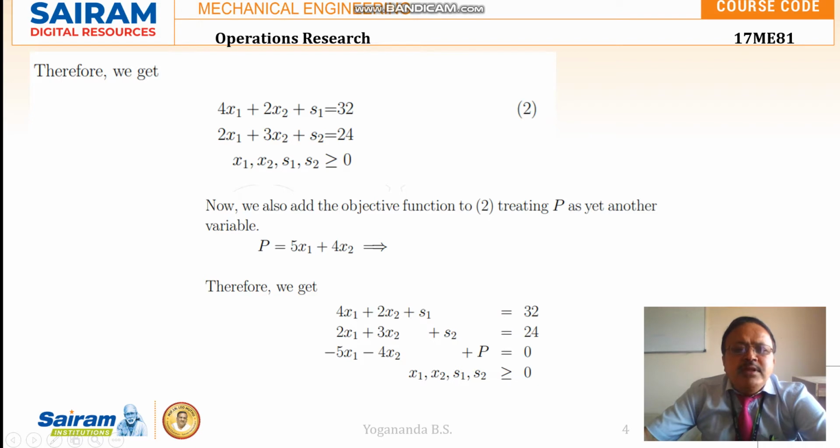If x1 is 0, then 2x2 is 32, so x2 is 16. If x2 is 0, then 4x1 is 32, so x1 is 8.